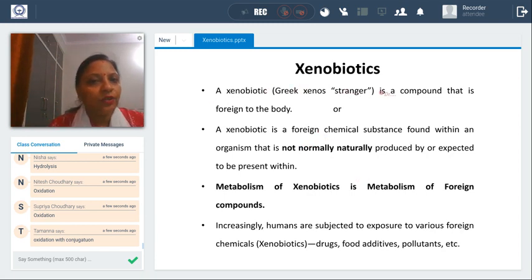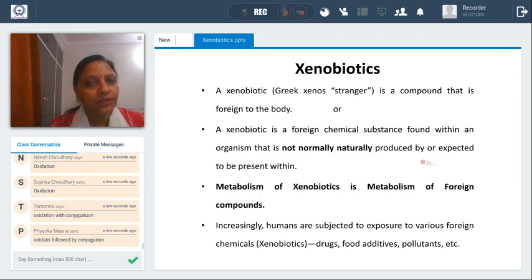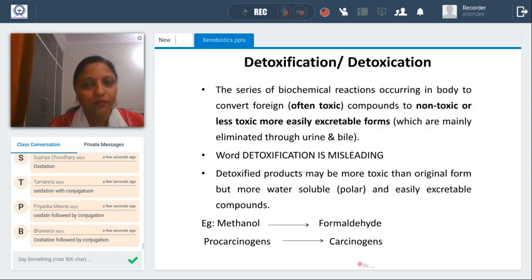What is xenobiotics? Xenobiotic is a foreign compound to the body. So it is not normally naturally produced by or expected to be present within the body. Metabolism of xenobiotics is metabolism of foreign compounds. What is detoxification?